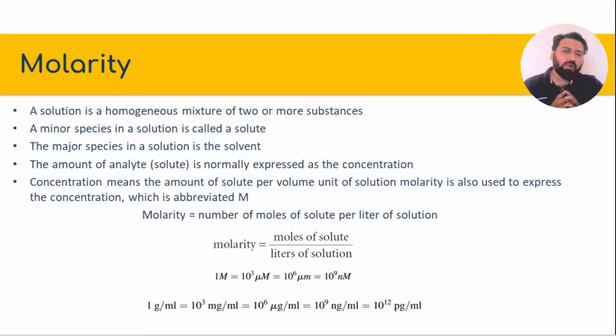So now, what is molarity? This is one of the ways to express the concentration. In some contexts, the term molarity, abbreviated as M, is used to express the concentration, and the molarity of a certain solute is defined as the number of moles of solute per liter of solution.